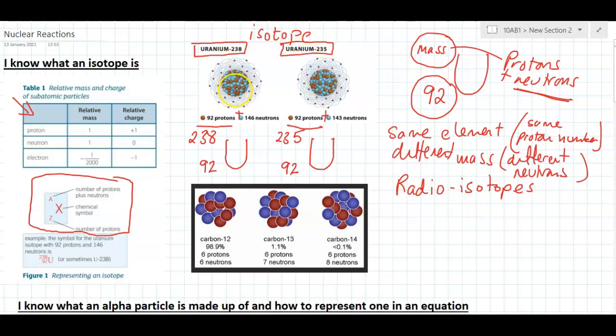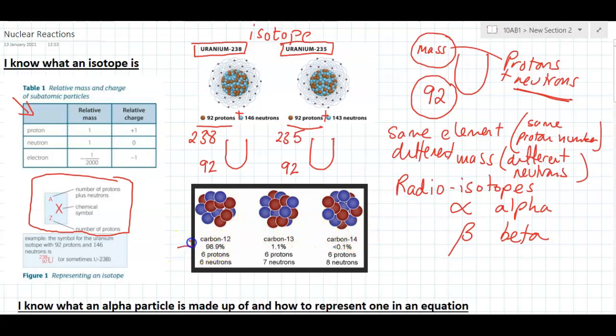Uranium-235, uranium-238 are radioactive because over time they randomly break apart and emit a radioactive particle. Okay, so we've seen already that we know there are alpha particles and we know there are beta particles that can be given out by these unstable atoms that break down randomly and change.